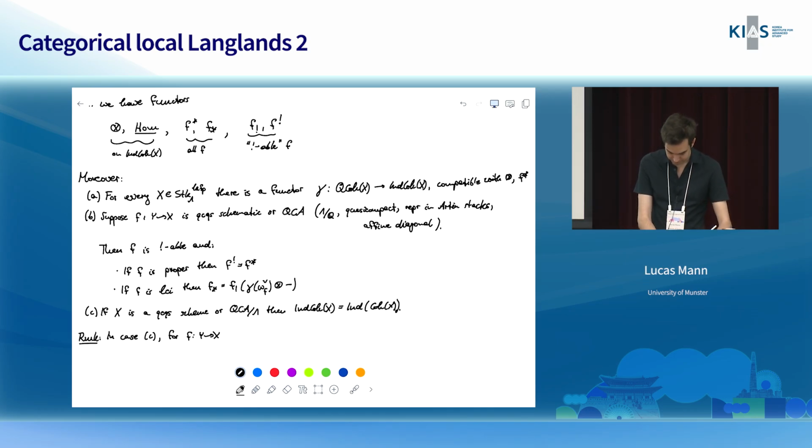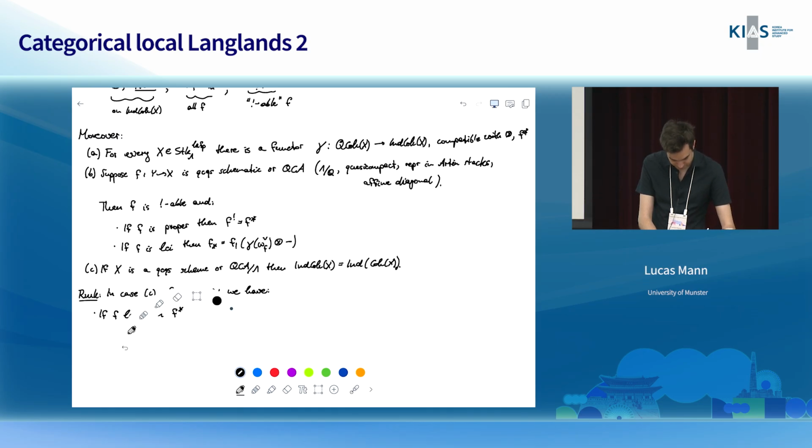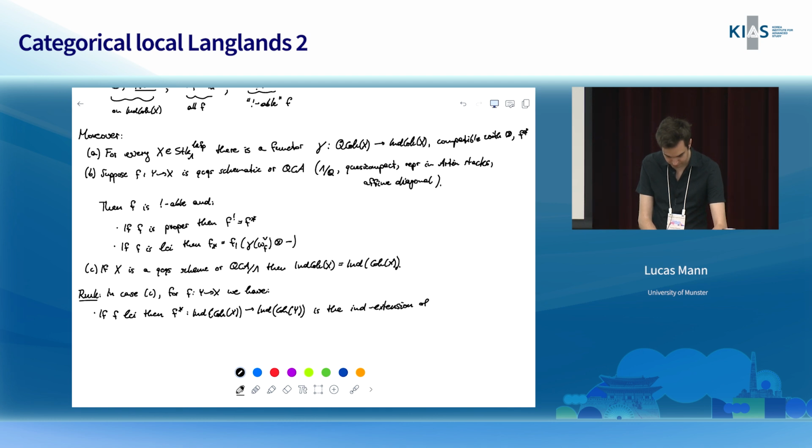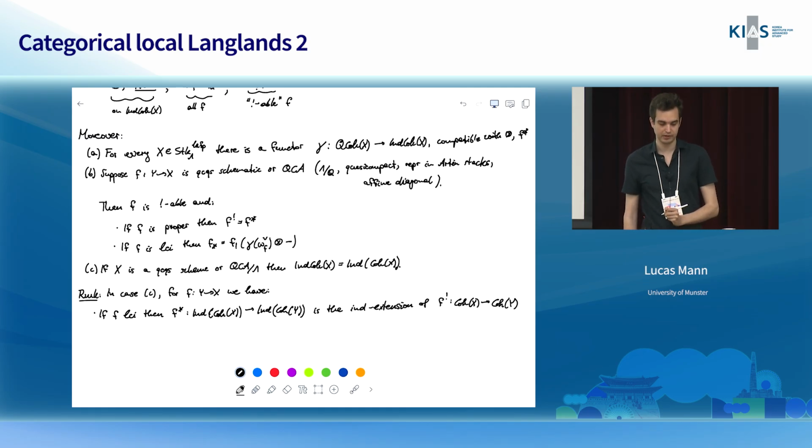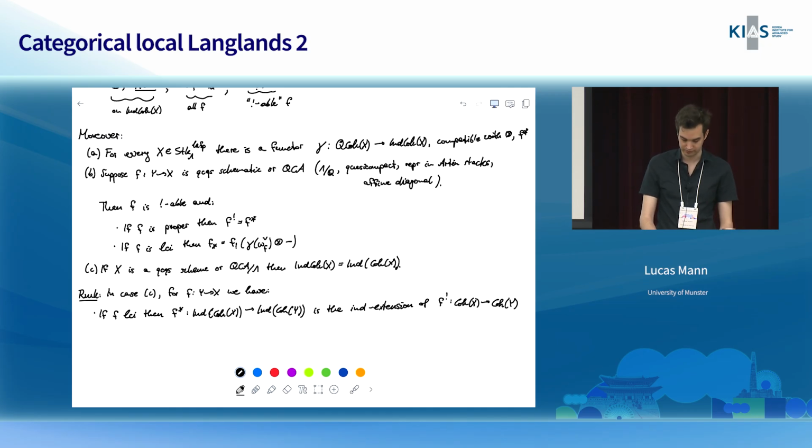And then if f is LCI, then this f upper star, which now goes from Ind of Coh of X to Ind of Coh of Y, is the Ind extension of the functor f upper shriek going from Coh of X to Coh of Y. Okay, and under the assumption that f is LCI, this f upper shriek actually preserves coherent sheaves, so this makes sense.